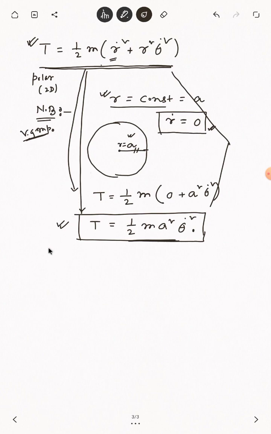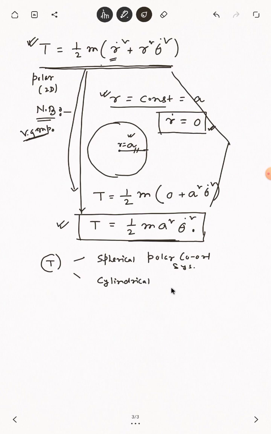So in this video we stop here with the expressions of kinetic energies. In the next lecture, we will discuss how kinetic energy capital T has its expressions in two more important coordinate systems. One is the spherical polar coordinate system, and the last but not the least, the cylindrical system.